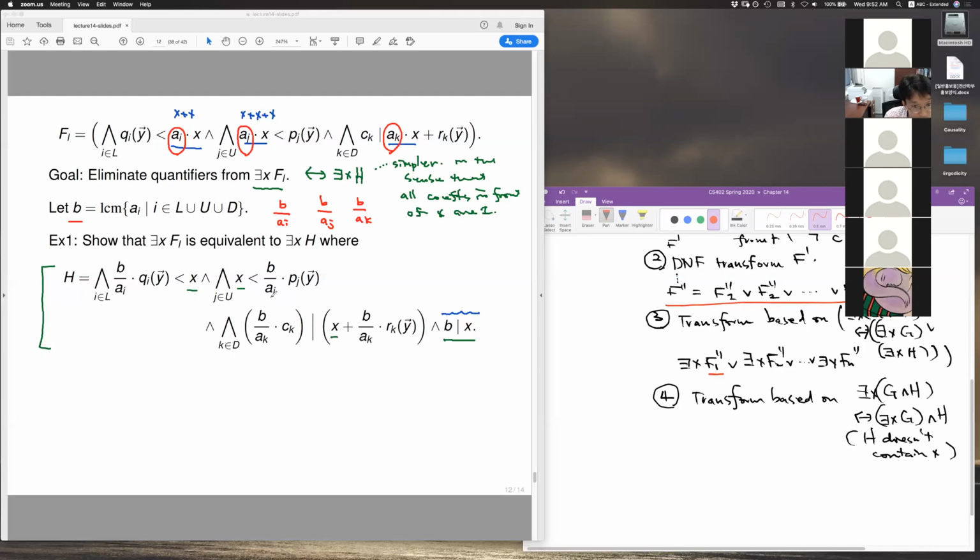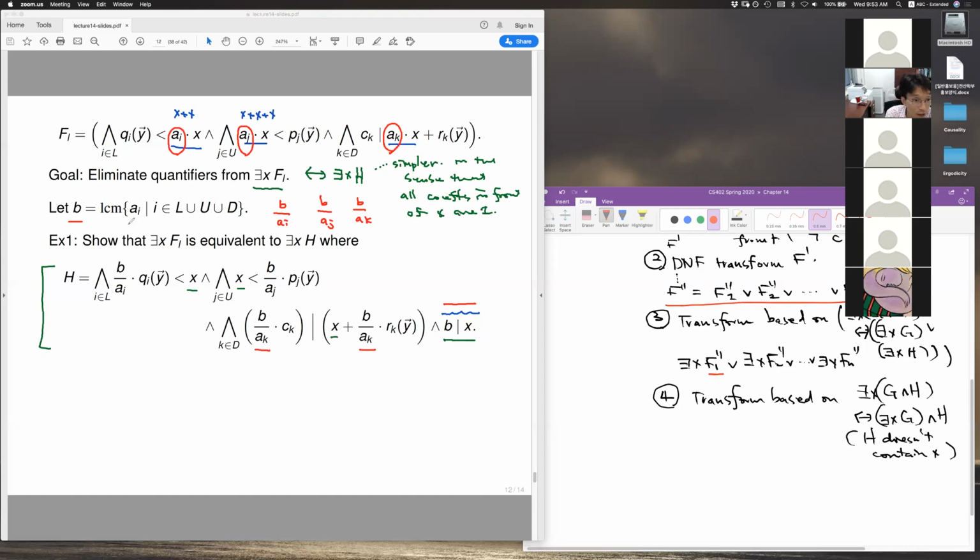The same thing happens here and in the last case. So AK goes into the denominator of this fractional number, but we put B on the top. You can see that B divided by AK appears everywhere, except we add one more term which says B should divide X.